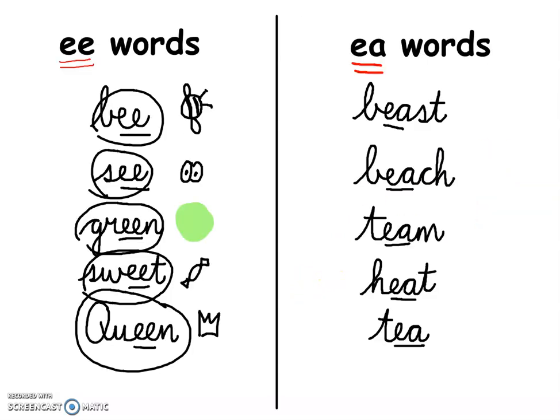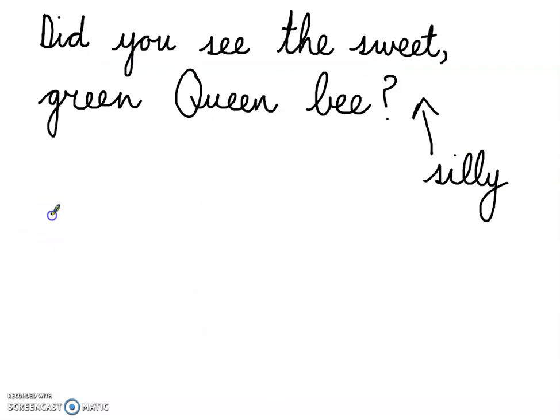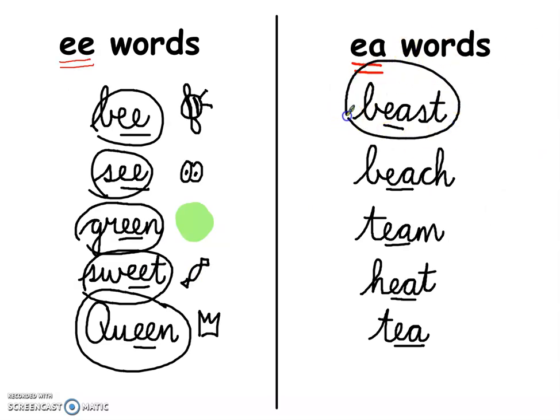Let's try one for these words. These are the EA words that are still making a long E sound. Okay. The beast. So I've used beast.